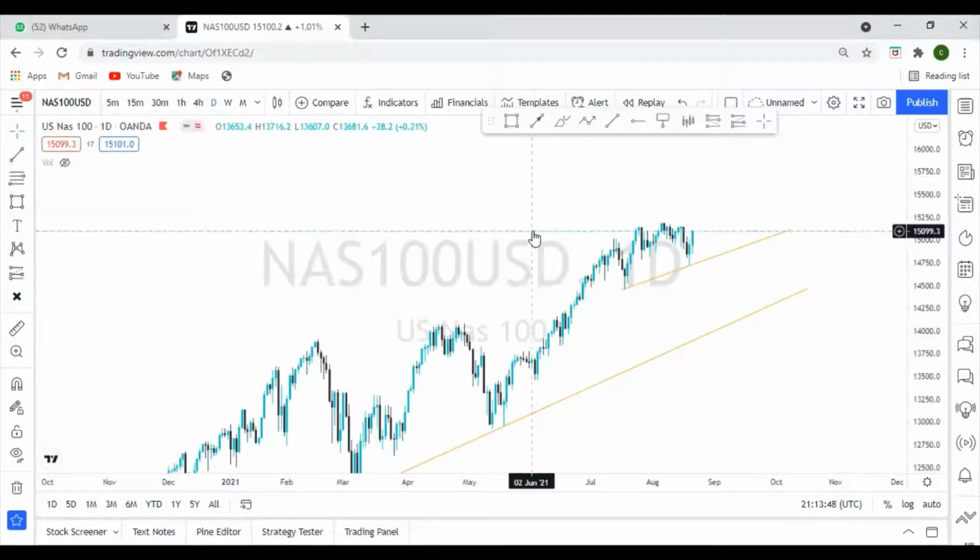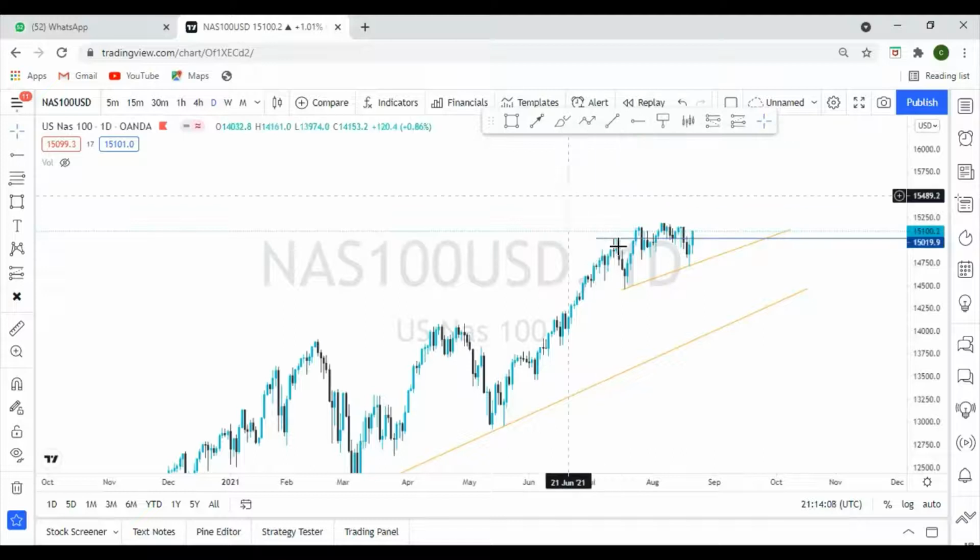As for Nasdaq right now, it's looking super bullish. If we can cover this momentum, we're going to break the high, because right now I believe price is failing to push past 15,000. So let's mark this as our 15,000. Every time we break out of 15,000, we come back.